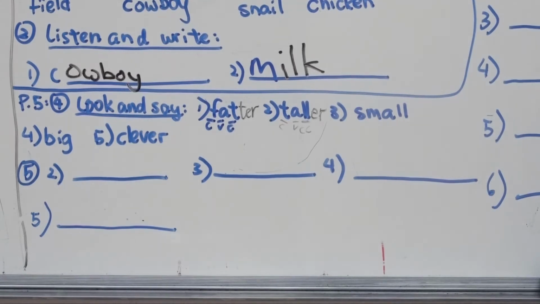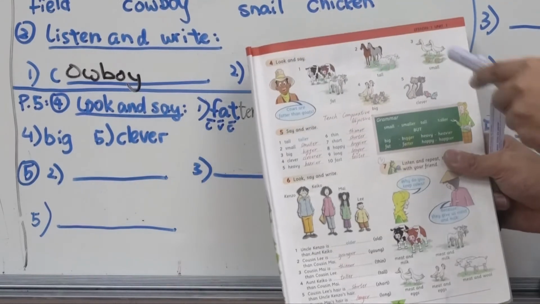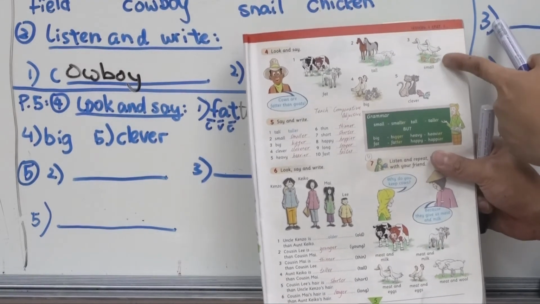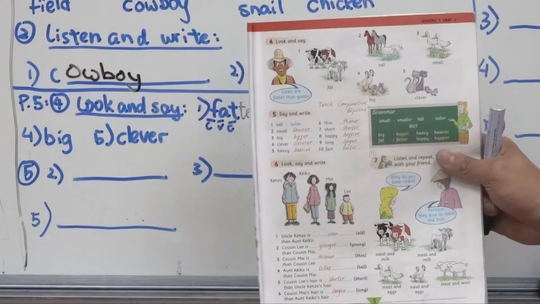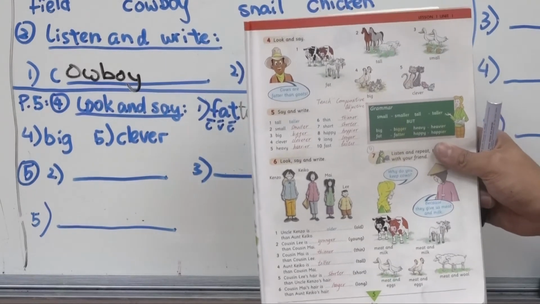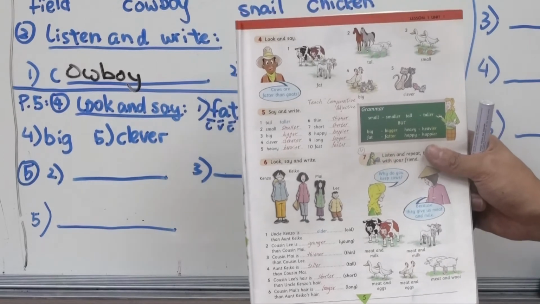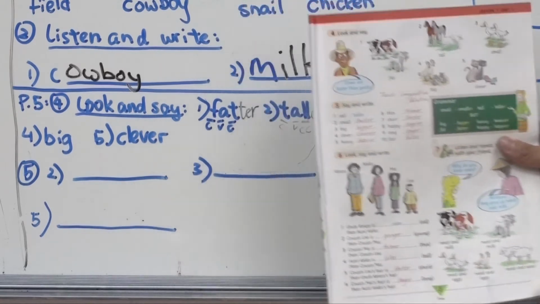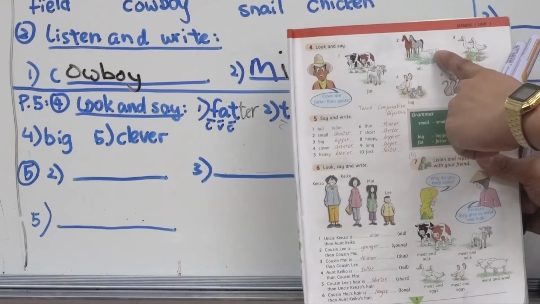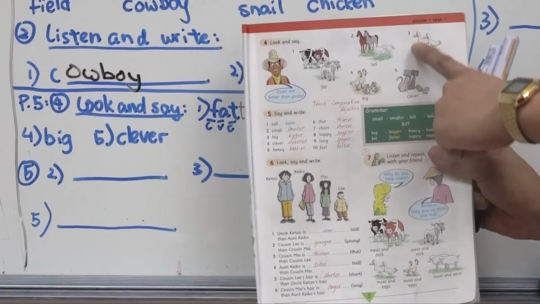All right. Next one is small. We have ducks and snails. So which one is smaller, the duck or the snail? Snail, very good. Can you try to make your sentence by yourself? If I say horses are taller than sheep, what can you say about the ducks and the snails?